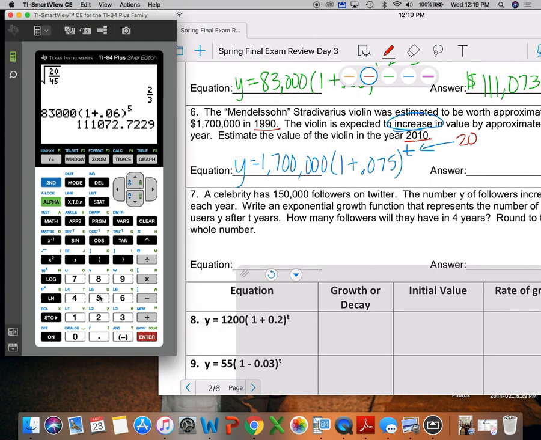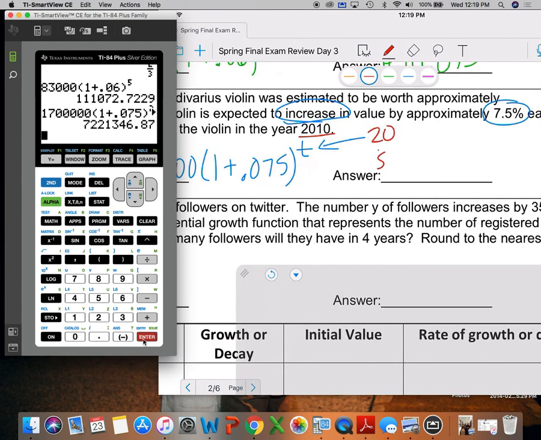So remember, sometimes t is not immediately given to you, and you actually have to figure it out. So from your starting date to your ending date is your t value sometimes. So I plug this in exactly like I see it using a t of 20, and my answer is 7,221,347.